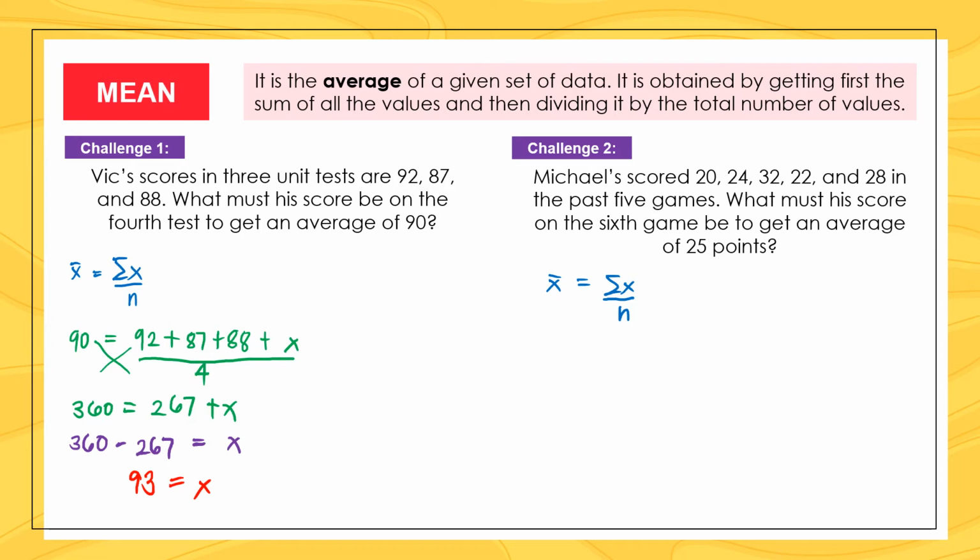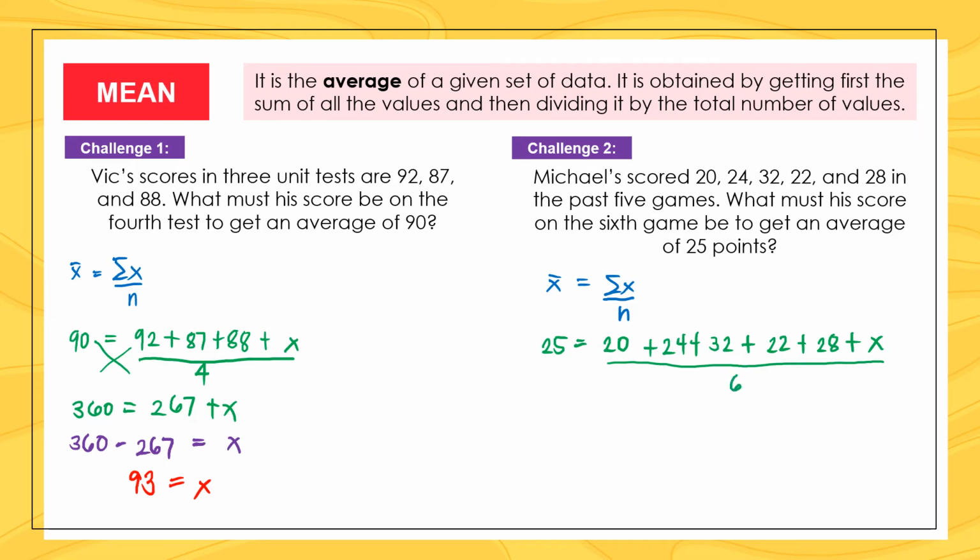And then just like what we did for challenge 1, let's do it as well in challenge 2. So you already know the average. The average is 25. So we substitute mean by 25, and the summation of x is equal to the sum of the data, meaning I'll put here 20 plus 24 plus 32 plus 22 plus 28 plus x, since we are finding the score he must get to have an average of 25, all over how many games do we have?